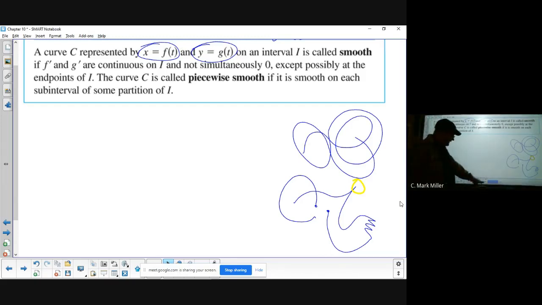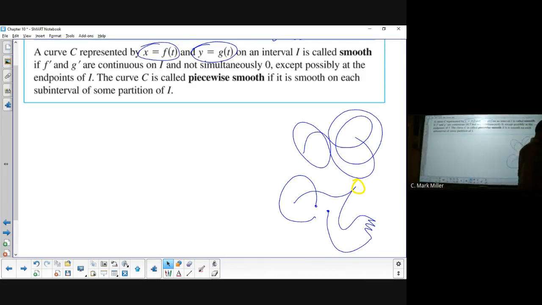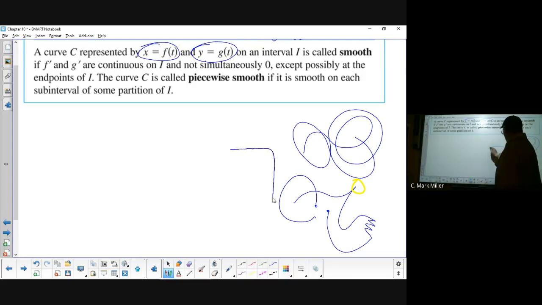If a curve is smooth, their derivatives have to be continuous over this interval, and they have to be never simultaneously zero. It's okay if one of them becomes zero, because that could be something like this, where it could go and then start going like that, where y is not going up or down, so the derivative is zero, right?